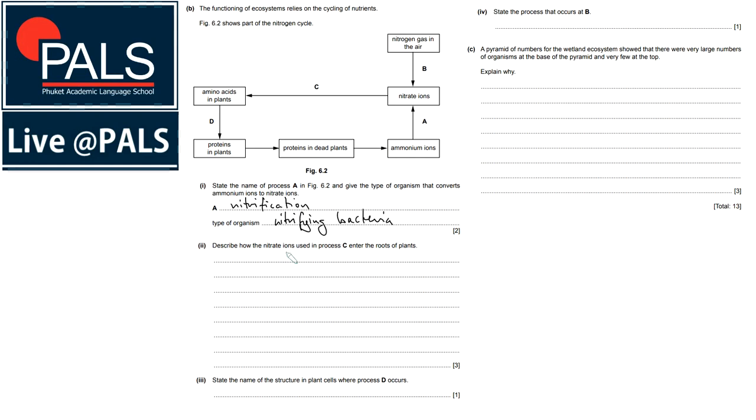Describe how the nitrate ions used in process C enter the roots of plants. This happens at the root hairs.